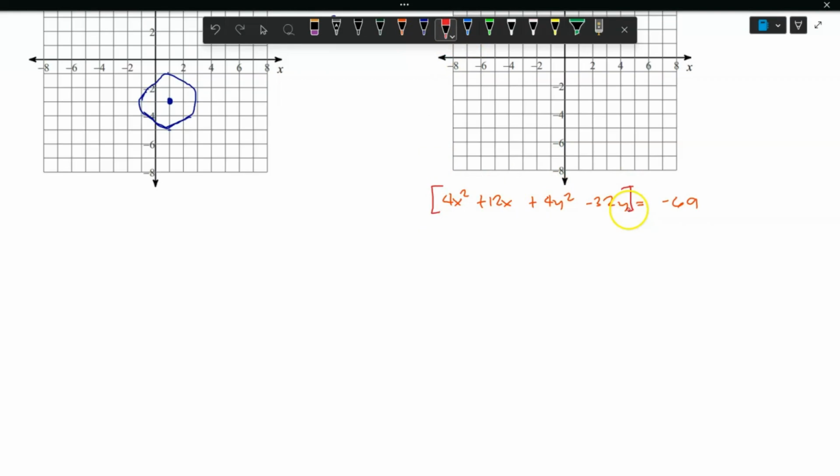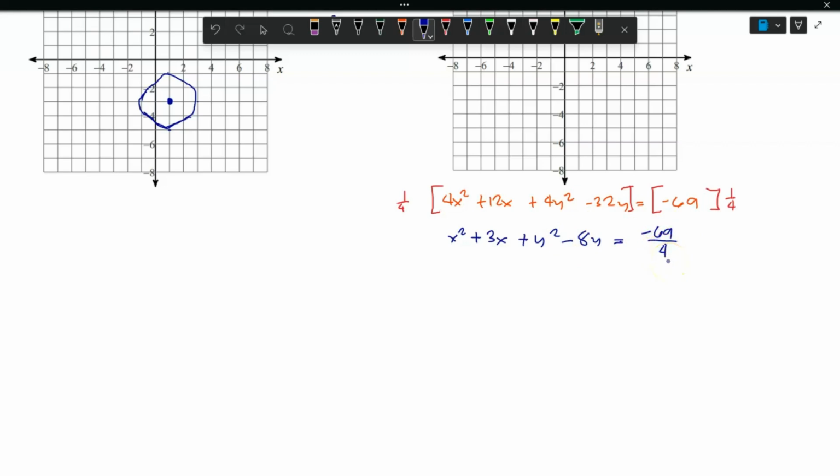This is just the same as dividing everything by 4. This will give us x squared plus 3x plus y squared minus 8y equals negative 69 over 4.